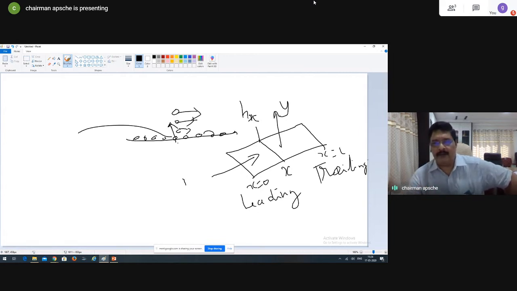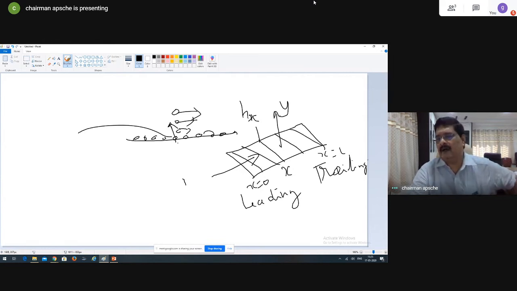What do I mean by local heat transfer coefficient? The local heat transfer coefficient is the heat transfer coefficient at one particular x value; I call it local. What do I mean by mean or average heat transfer coefficient? Heat transfer coefficients are different at different x values.